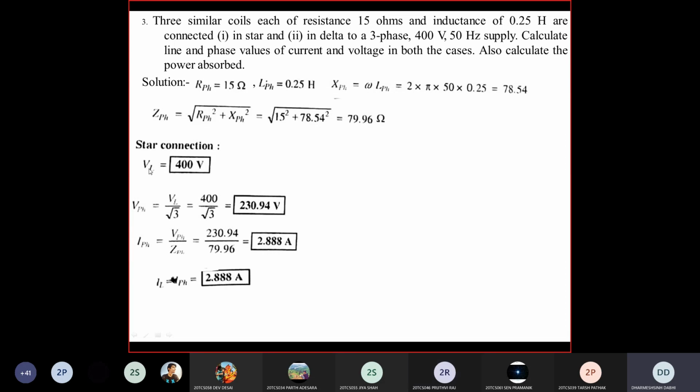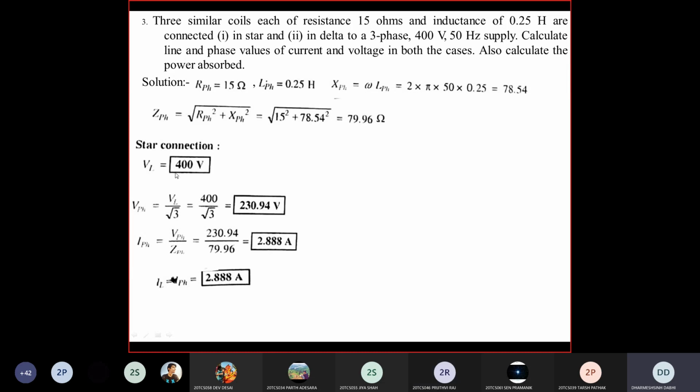So we found all these four parameters. Line voltage in the star connected system is 400 volt, given. Phase voltage is line voltage divided by root 3, we calculated 230.94. Phase current VPH by ZPH we calculated 2.88, and line current is equal to phase current in a star connected system.